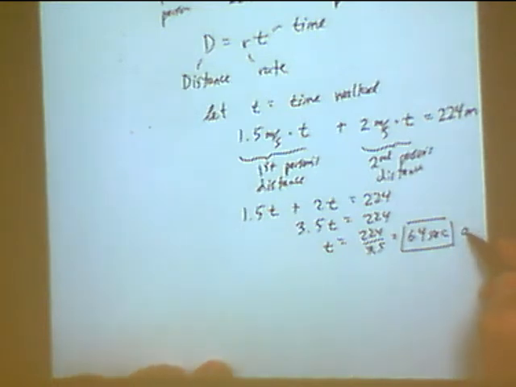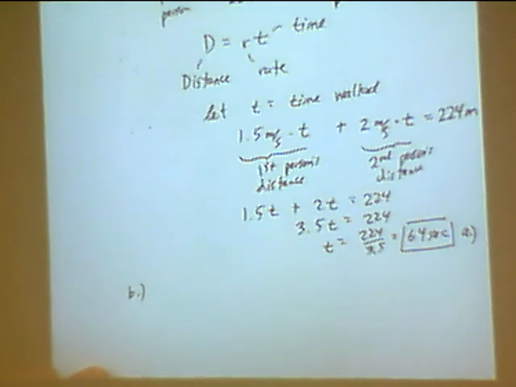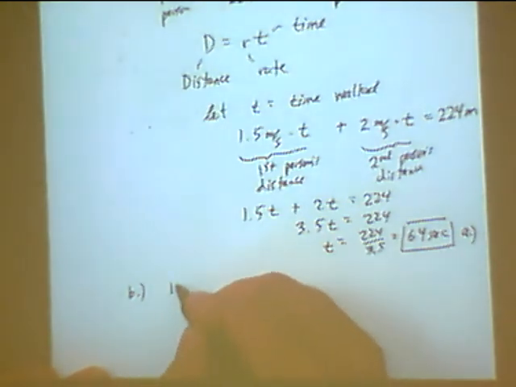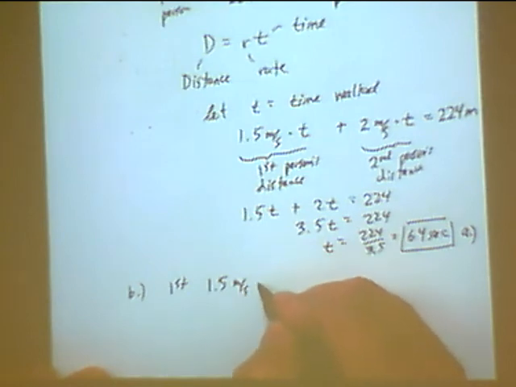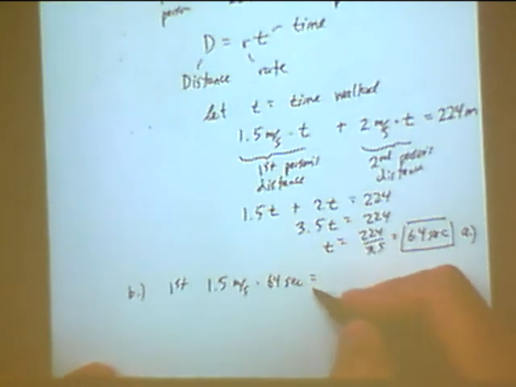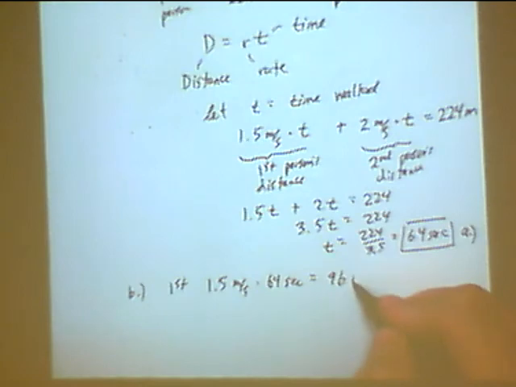So this is the answer to part A, but then part B says how far will each have walked. Well, we know the one person was walking 1.5 meters per second. So the first person, if they were walking 1.5 meters per second, and they ended up walking 64 seconds, then you take 1.5 times 64, and you grab your calculator, and that equals 96 meters.